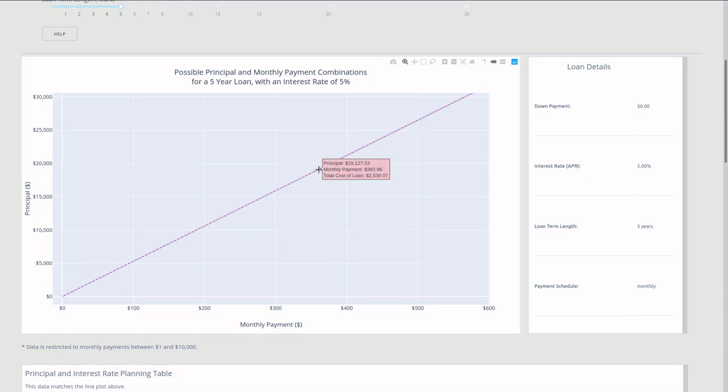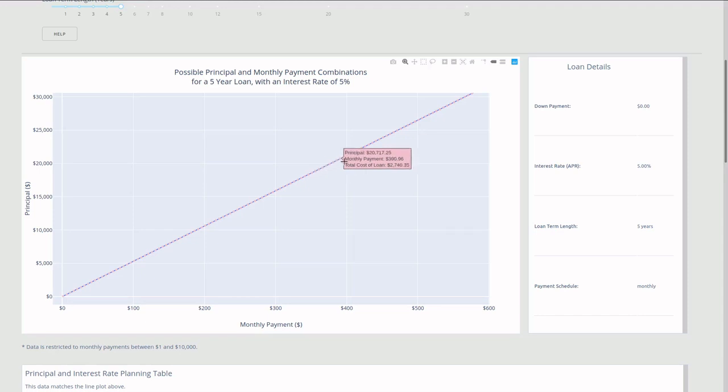So while this would give you the information you need to make a decision about how much you should put down, you might also want to consider the opportunity cost associated with that down payment. So maybe your down payment would save you in interest that you would pay on this loan, but what is the opportunity cost of that?